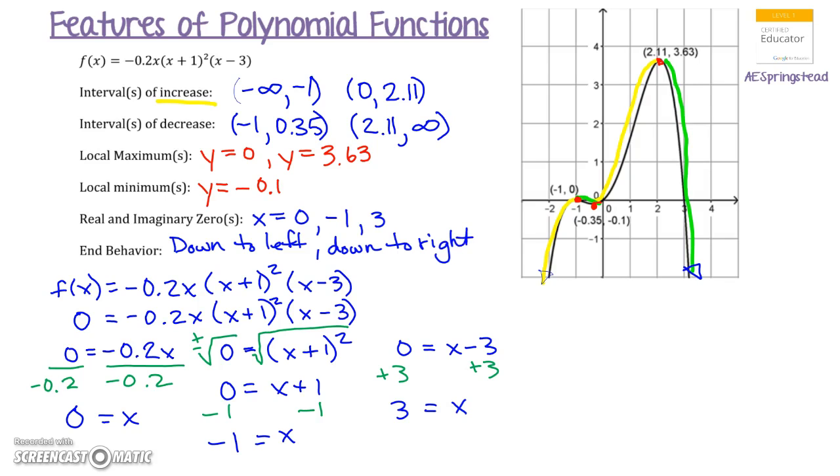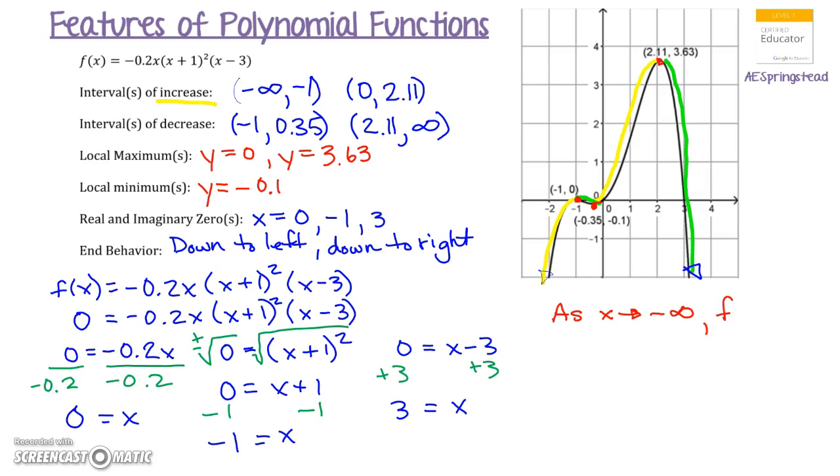There is another way to write this, and that is using our f of x and x, and using arrows to indicate where our x values are going. So one way we can say it is as x approaches negative infinity, so in other words, as we're going to the left, what's happening to our f of x values or y values?